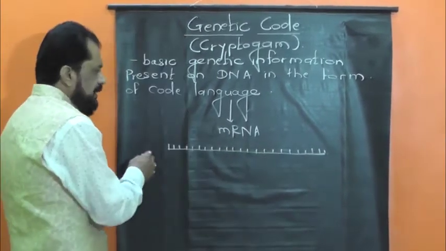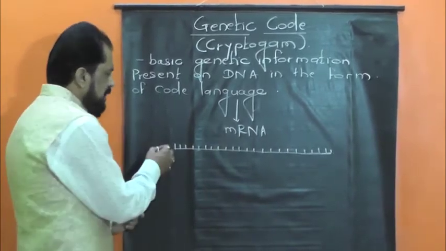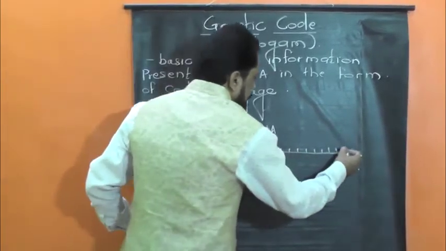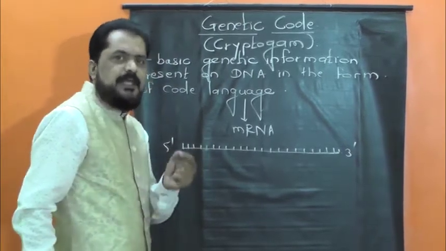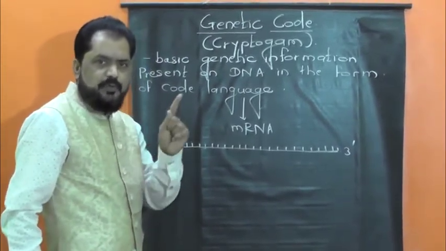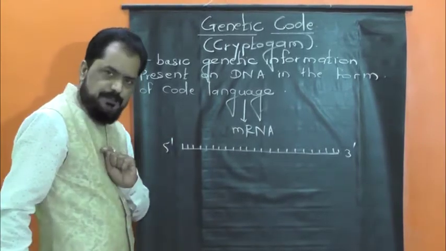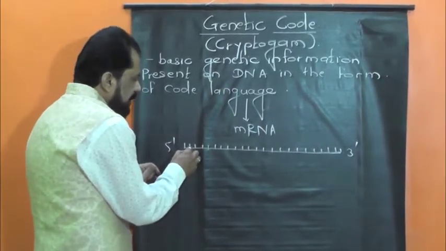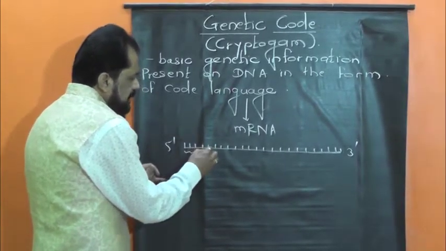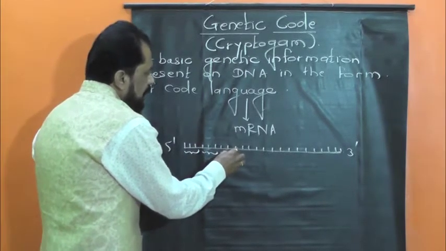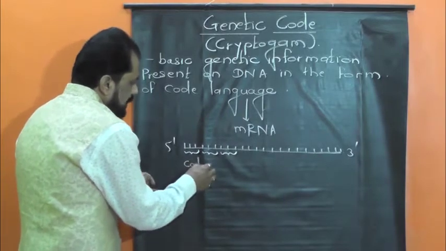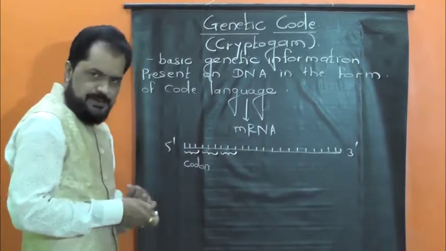Just consider here is a single stranded messenger RNA with 5' end, 3' end, and these dots represent a single nucleotide, a single nitrogen base. So the triplet of nucleotides, a group of 3 successive nucleotides on messenger RNA, are known as codons.